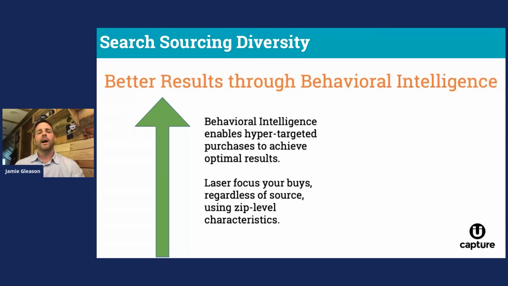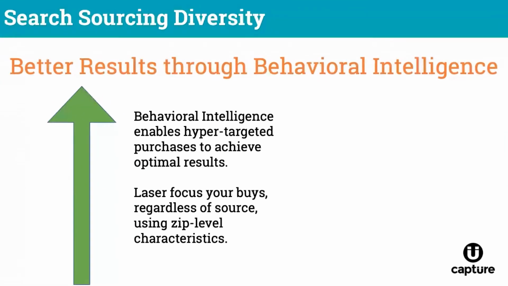So you might be asking, well, how do I get better results? How does it lead to better results? In short, and I could probably go for a long time talking about the details of this, what behavioral intelligence does is it allows us to hyper-target the purchases.